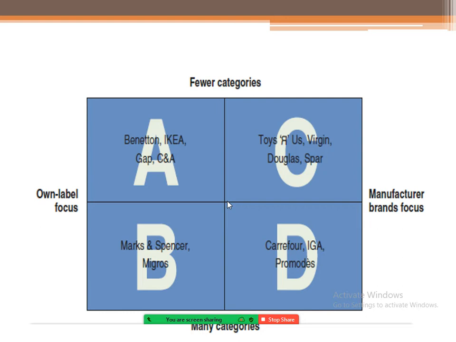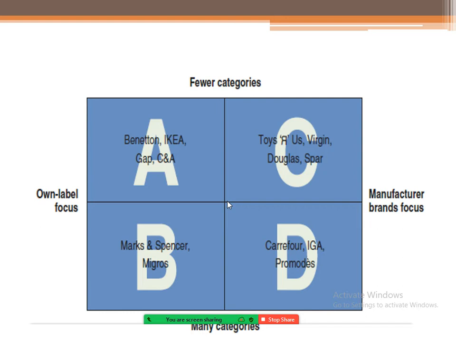One axis represents the private or own label focus versus a manufacturer brand focus. The other axis, the horizontal axis, differentiates between retailers specializing in relatively few product categories and retailers that offer a wide product assortment.